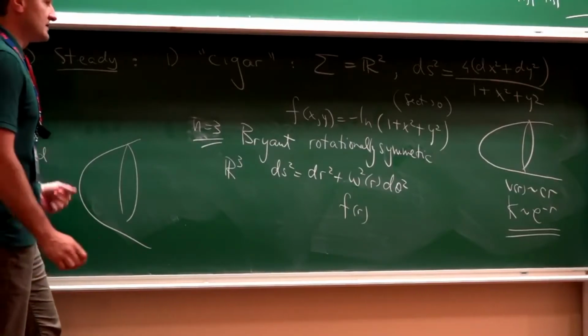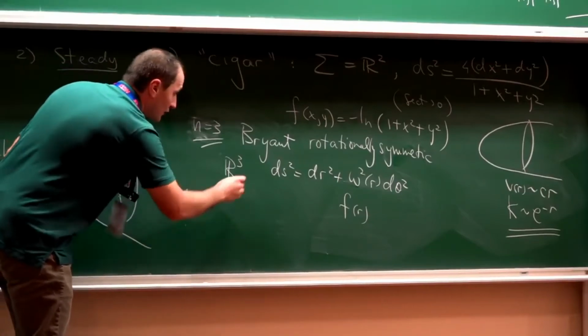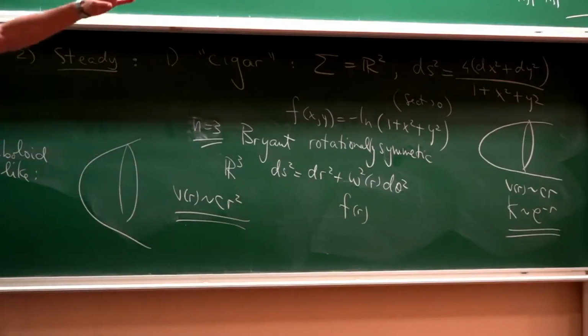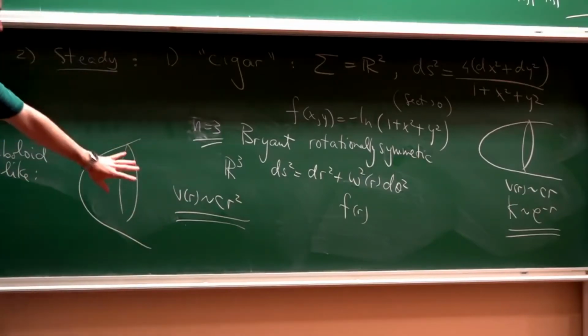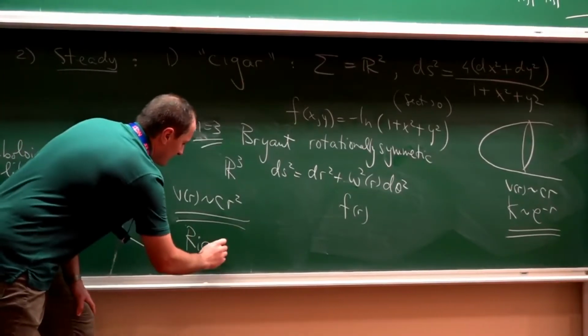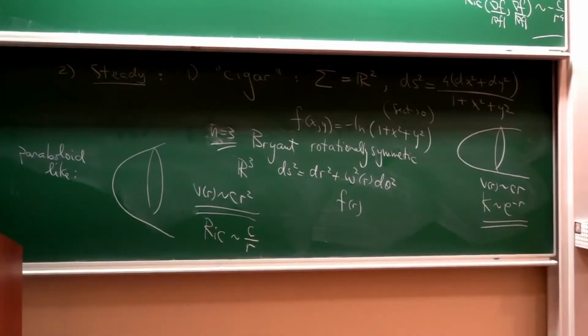So that means the volume doesn't grow linearly anymore, it grows quadratically. That one was maximal, this one is linear, this is quadratic growth. It's a paraboloid. And the curvature, it's decaying linearly in the distance.